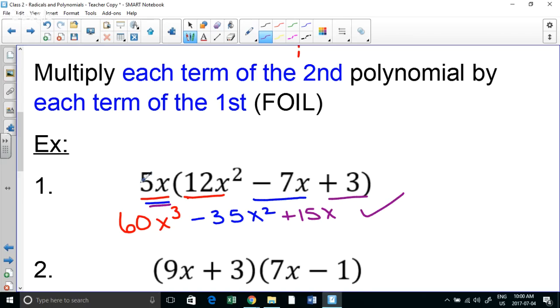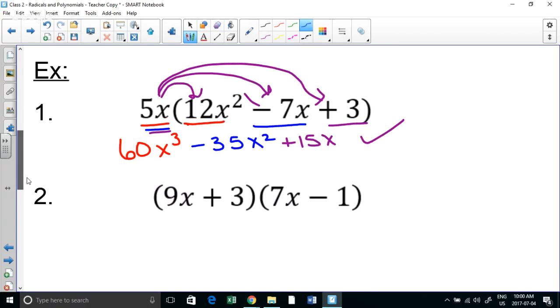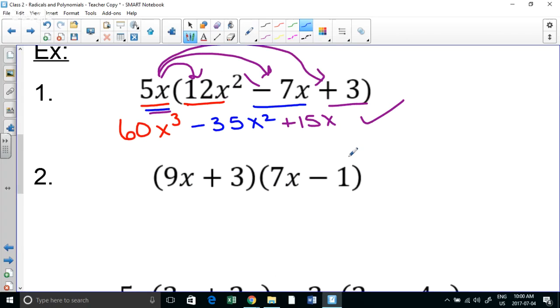Multiplying by a monomial, you just take the monomial and multiply by each term in the polynomial. You have a binomial times a binomial. It's a little different. So we talked about this again. We just use this thinking with radicals.